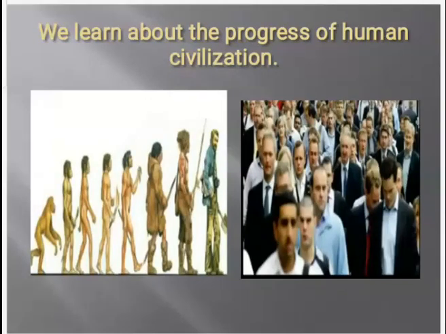We learn about the progress of human civilization. We also understand how people's way of life went on changing. In this picture, you can see the primitive man, that is Homo habilis, and a modern man, that is Homo sapiens sapiens. History gives us information about human civilization.